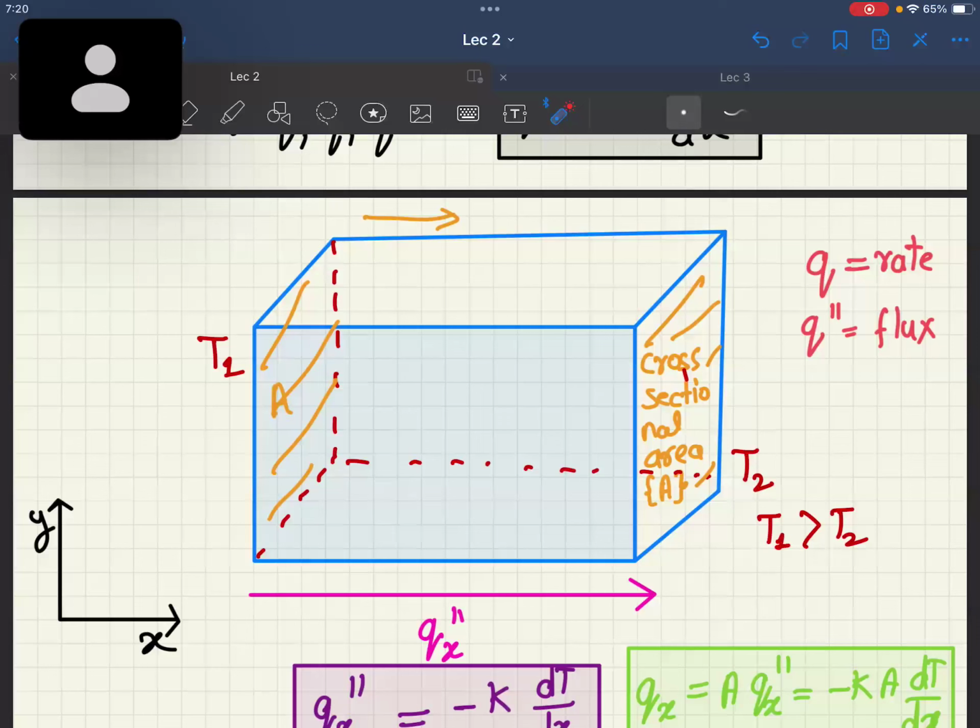So what will be the temperature profile? We know that temperature at this point is T1 and temperature at this point is T2. But what is the temperature, let's say, at this point? What is the temperature at this cross section, for example?